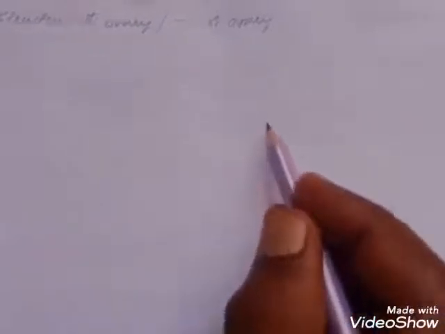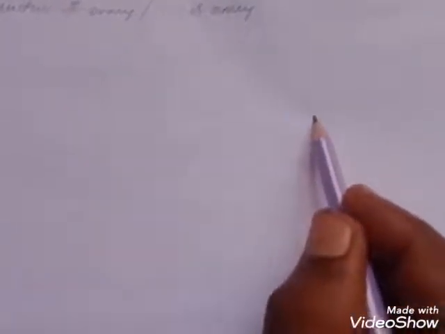I'll take a little more place here, so you can go through the middle of the page. You can show this oval shape and draw the structure outline.